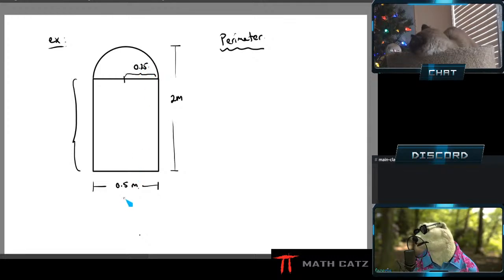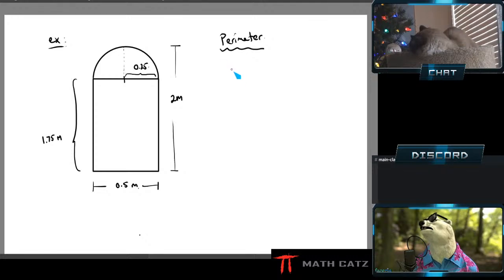Half of 0.5. That means the height of this half circular section is also 0.25. So if I take that off of the 2 meter height, I'll get 1.75 as the height of just the rectangular section, which I'll need.